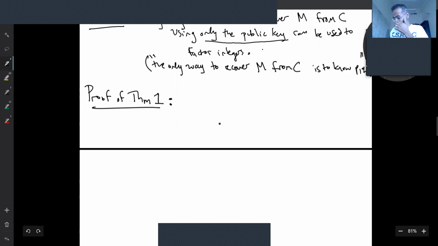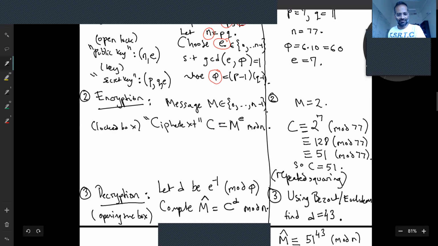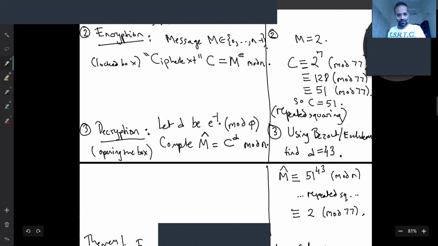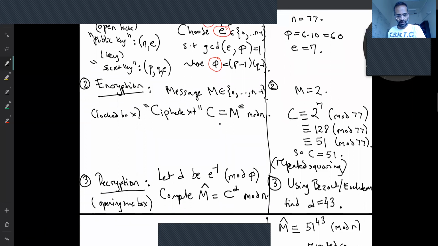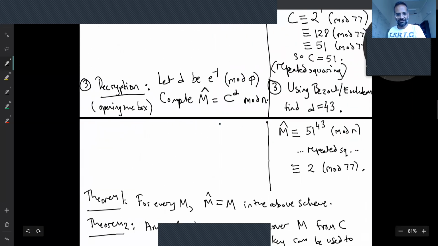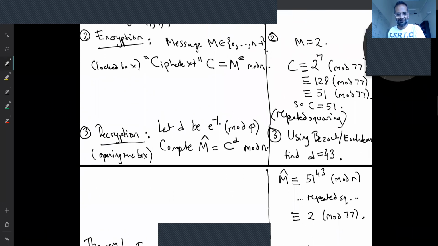Let's just recall what everything is and write it down again. There's a lot of numbers floating around. I need to prove that m hat is equal to m, right? So m hat is c to the d, and c is m to the e.